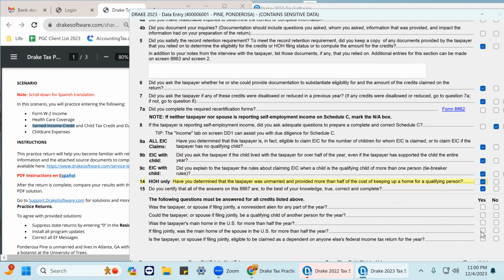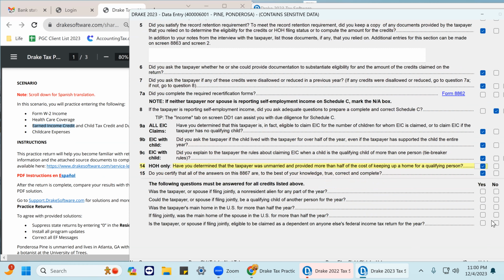Now, the last of these questions, here's the answer. This one is no. Was the taxpayer supposed to file for any part? This one is straightforward, is the U.S. resident in here.